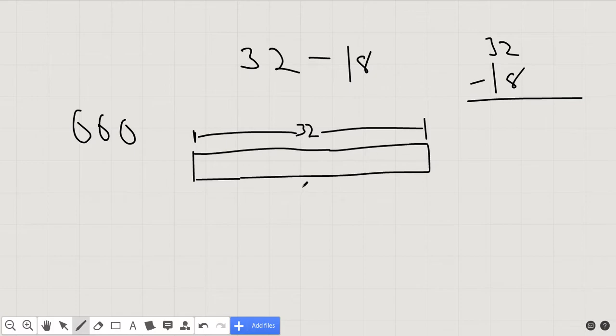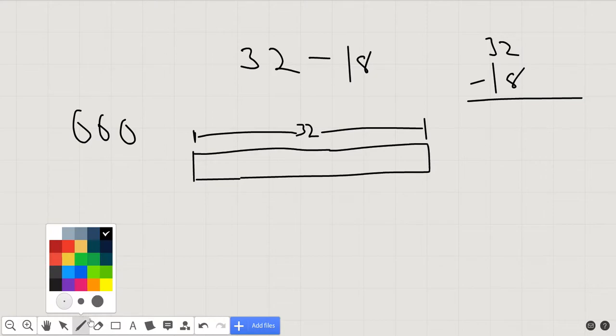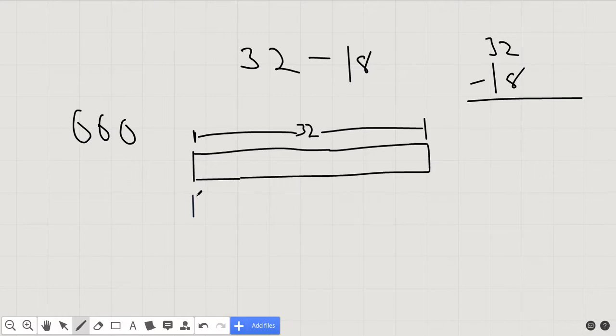Some might say it's about half, somebody might know it's less than half. If you're in first grade and they think it's more than half, that's not a big deal. But the teacher should be able to, especially when instructing, use what we call relative size. So if that's 32, 18 is going to be right about here. So this distance is 18.